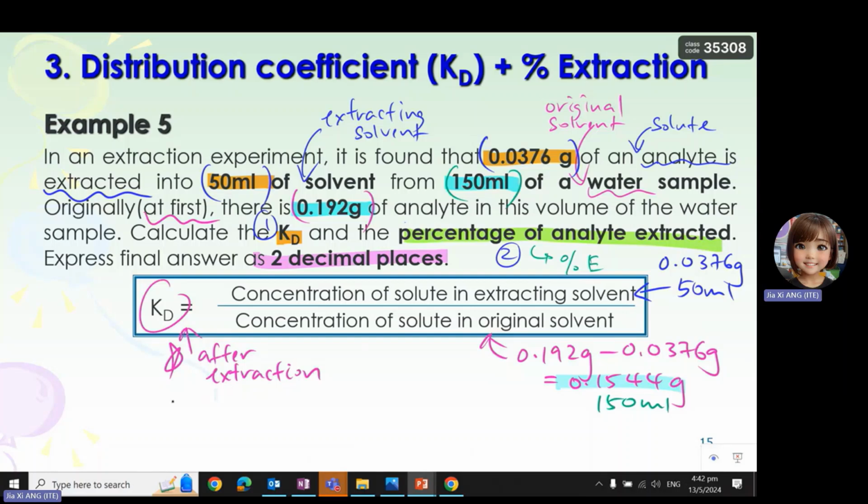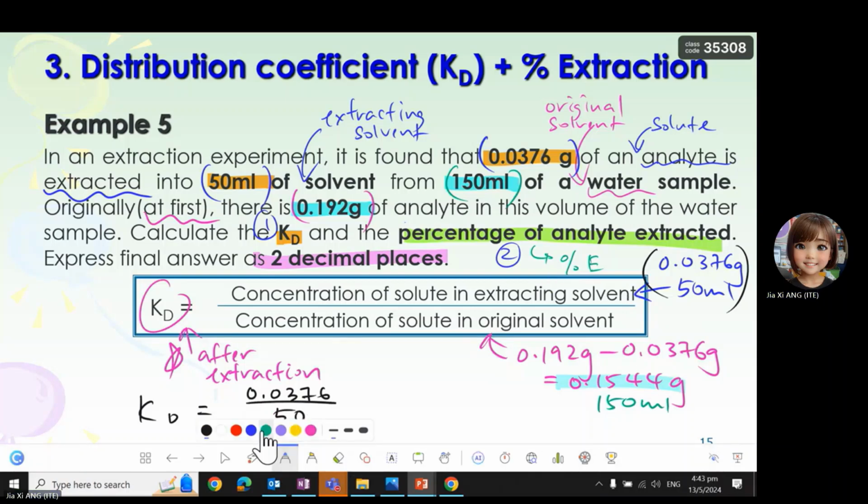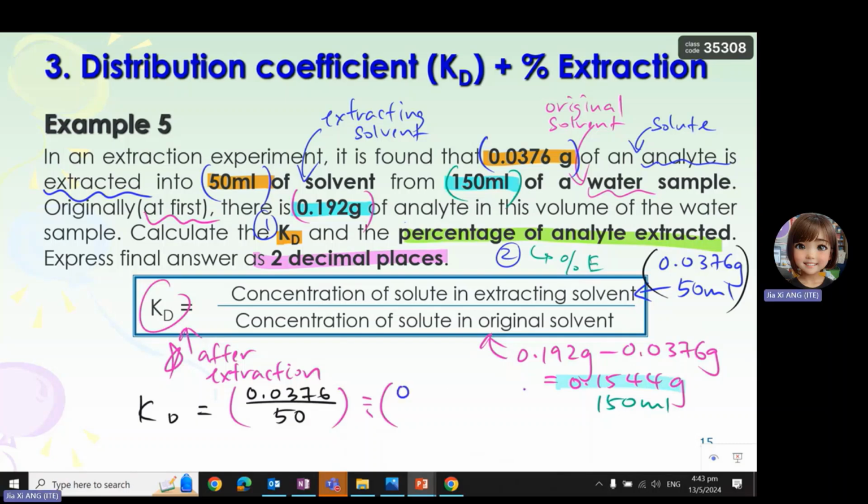KD, you do not know the value, but you know that the concentration, take the weight, divide by volume for the extracting solvent. Take this, divide by the weight in the original solvent, which is 0.1544, divide by 150.